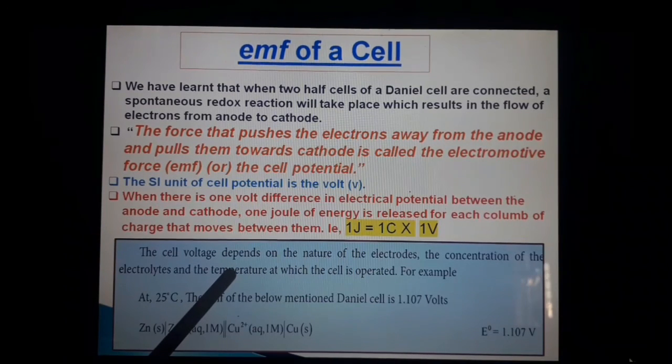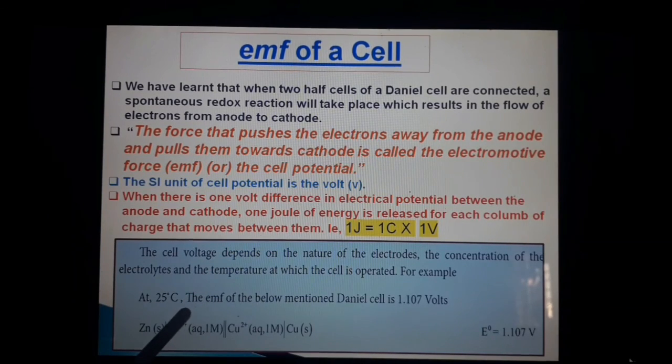Concentration of electrolytes matters because without electrolyte there is no movement of electrons; through the electrolytes the electrons move from one electrode to another. So remember these 2 points: the nature of the electrode and the concentration of the electrolyte.